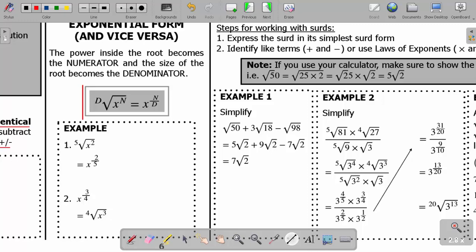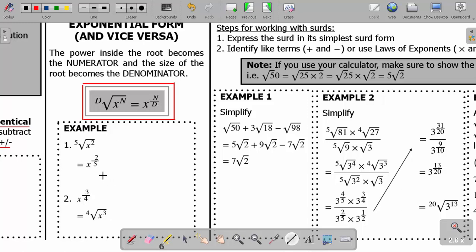We are saying that whenever we have the power inside the root, it becomes the numerator, and then the size of the root becomes the denominator. In this case, the size of the root is this d, and the power in the root is the n. So n becomes the numerator, and the size of the root becomes the denominator.